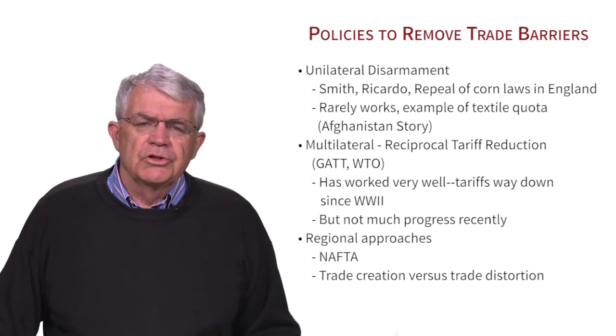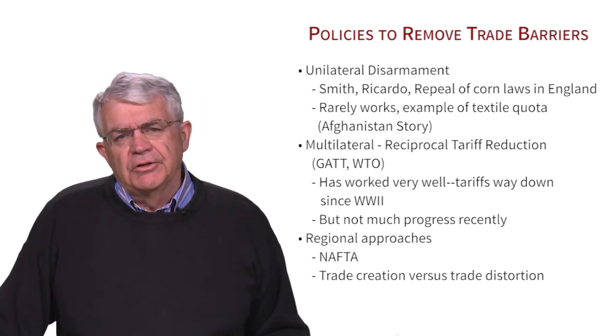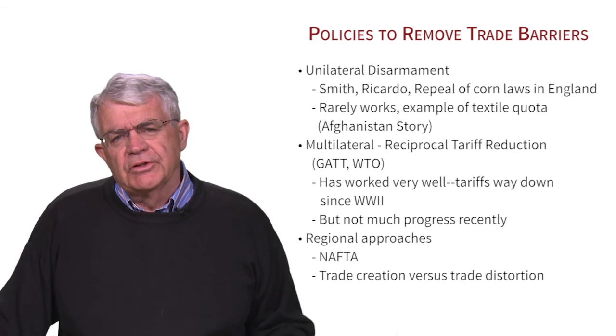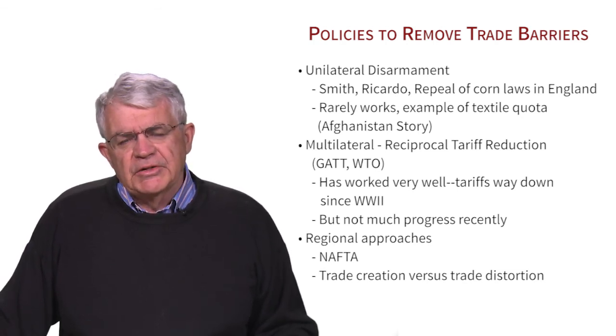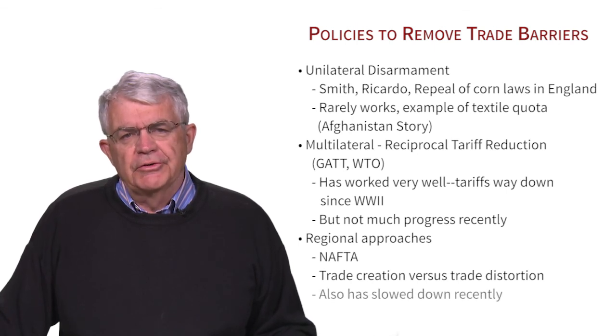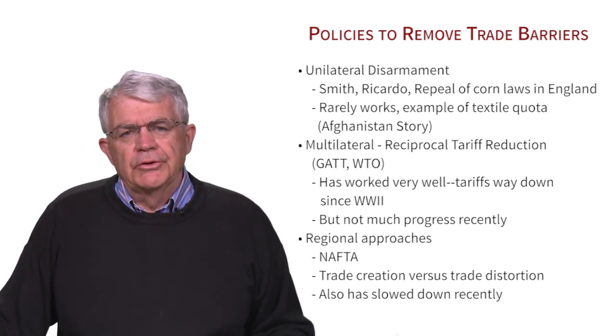It's trade distortion moving from Asia to Mexico, but it's definitely created trade because the barriers have been reduced. Unfortunately, this aspect of trade policy has also slowed down recently. So both the multilateral and the regional approaches are not quite as active as they were in earlier years.